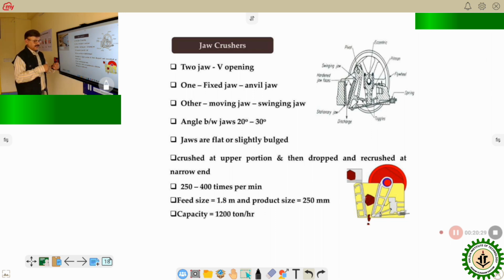This is the fixed jaw, and this is the movable jaw. Feed material is given in this nip gap, and by the thrust of the movable jaw, the material is crushed and the crushed material comes out from the bottom.